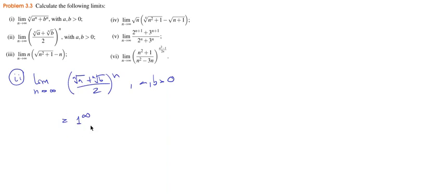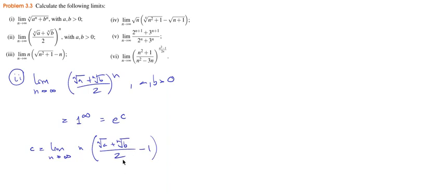So this is one of those limits of the form 1 to the infinity, an indetermination, and we know that this will be of the form e to the c, where c is the limit when n goes to infinity of n times the nth root of a plus the nth root of b over 2 minus 1. That's c, the thing that we want to compute now.